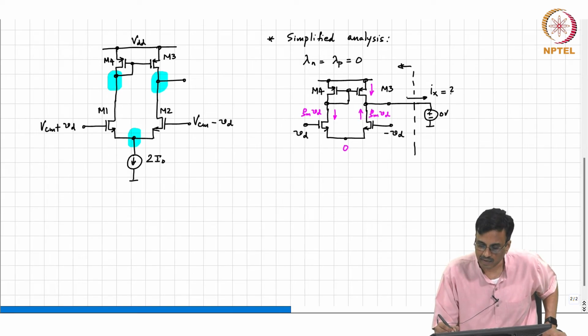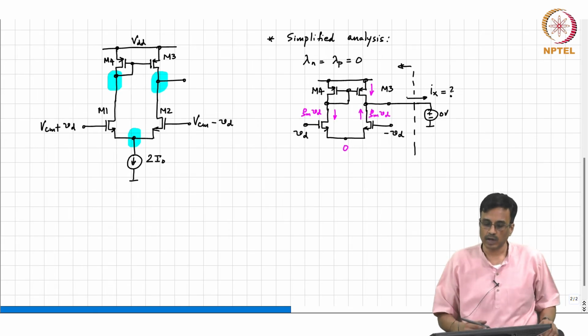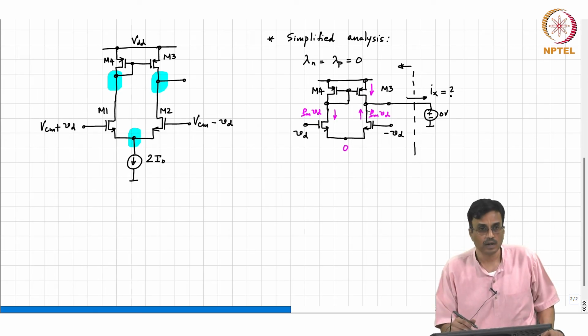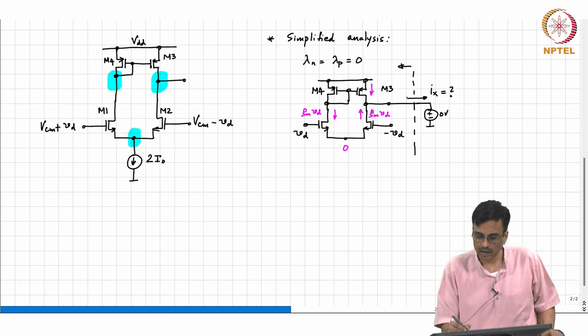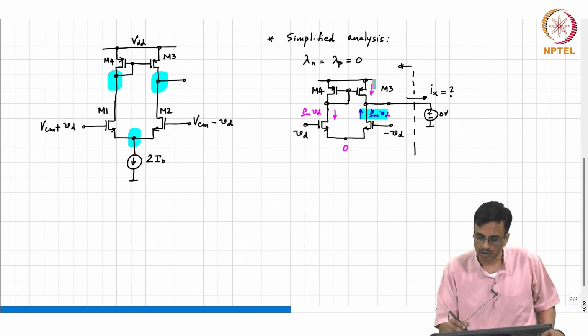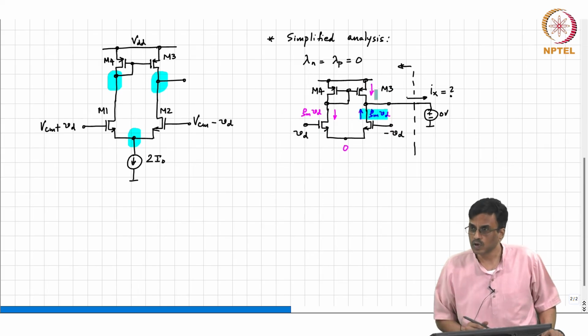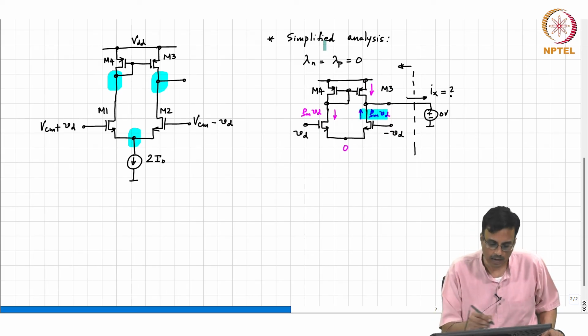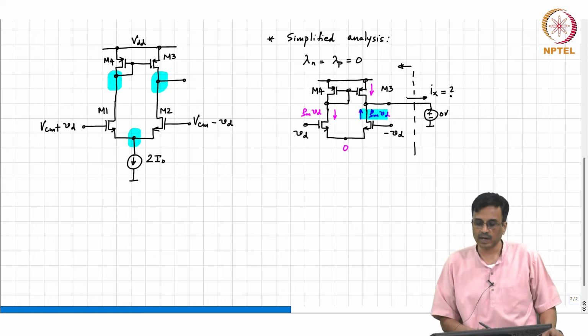Okay, what is Ix? That is what I want to find eventually. So, Ix clearly consists of two components. One is Gm Vd, that is this character here, all right. There is also the current flowing through M3. Okay. Now, can you tell me what the current through M3 will be?